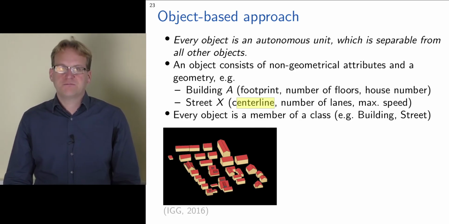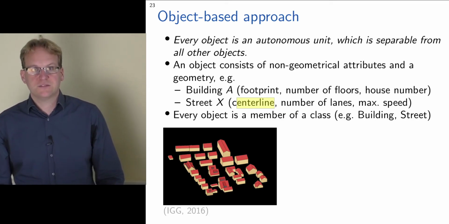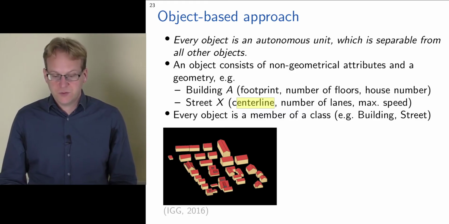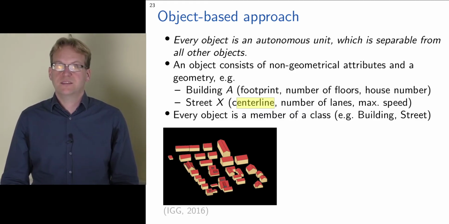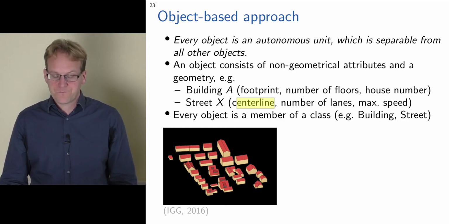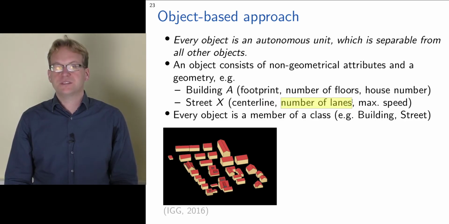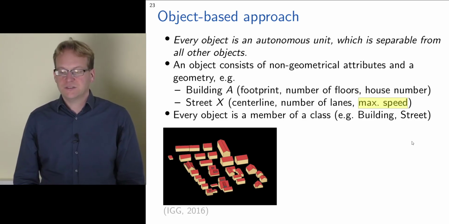However, if you think of navigation applications, for example navigation systems, there it's more useful to represent streets with line strings, for example with the center line of a street. But then we have maybe some numerical attributes like the number of lanes of the street and the maximally allowed speed on that street. All this is relevant for navigation systems, for example.